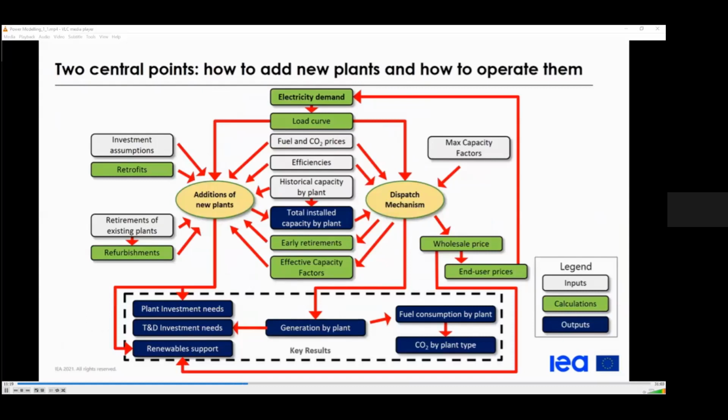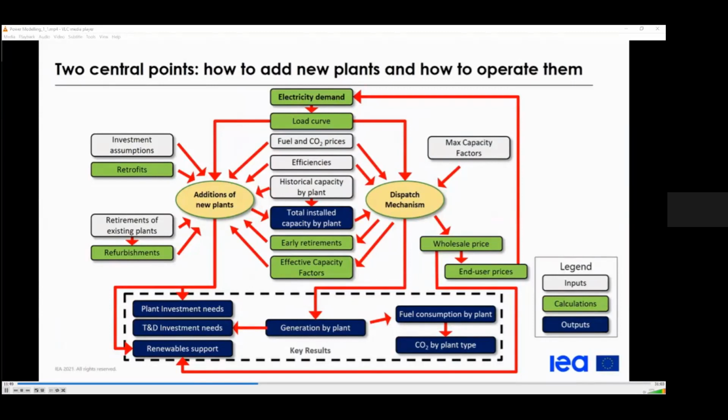So this is a more detailed diagram of the power sector module. Here you can see that there are two central points in this module. We have the capacity addition mechanism on the left. So this is the module from which we derive what type of capacity needs to be built to meet electricity demand.